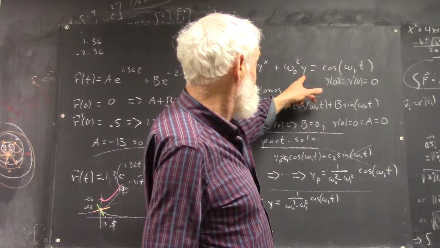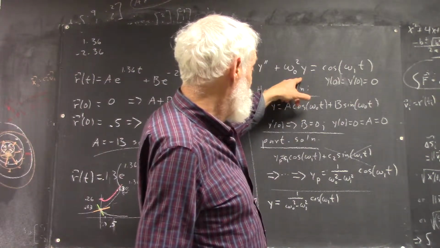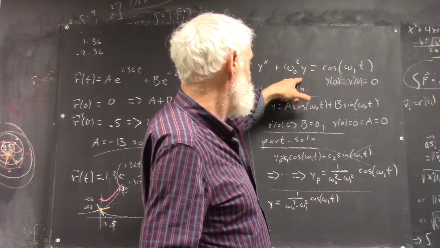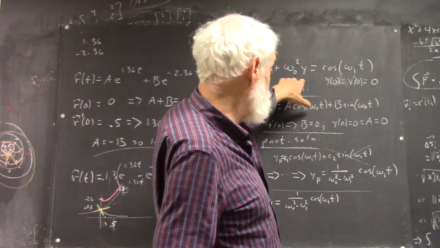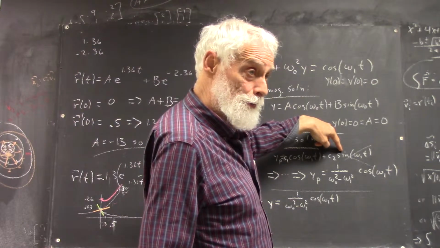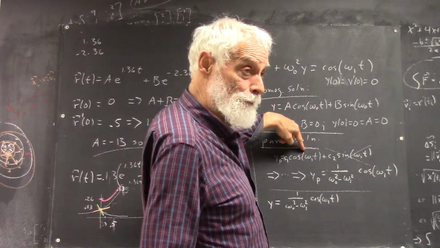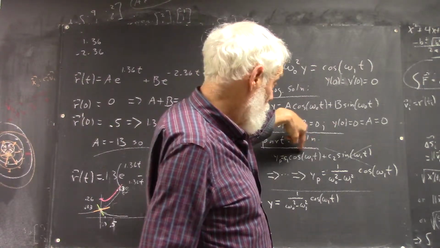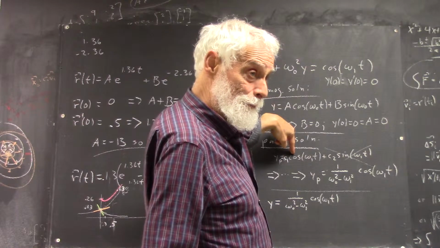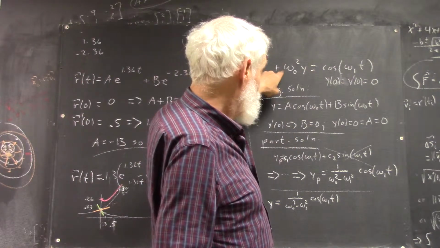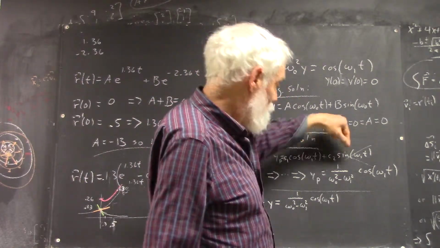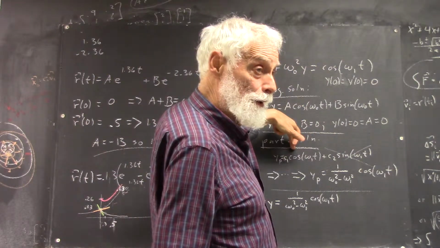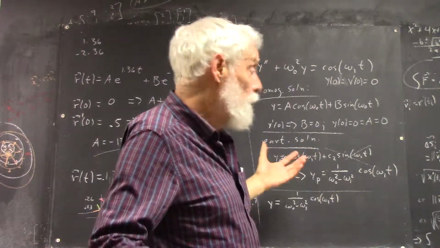Because the function itself will have a sine as a result of this, and a cosine as a result of this. The second derivative will also have a sine and a cosine. If I had a first derivative, then I'd have a cosine term related to this sine, and a sine term related to this cosine, as you know if you've done some of these. A bunch of them, hopefully.